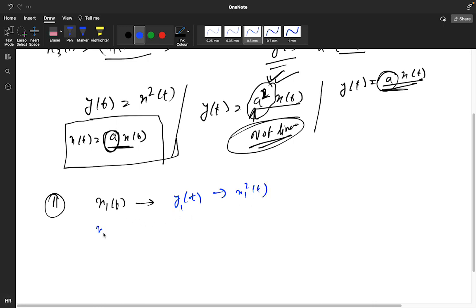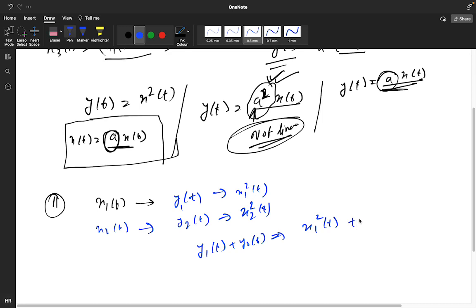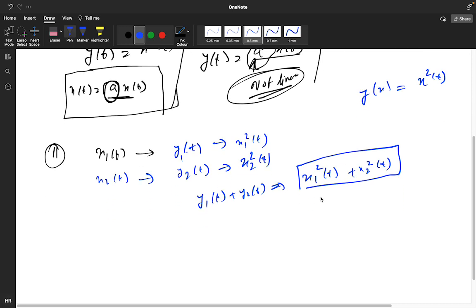Okay, and x2 of t, y2 of t belongs to x2 square of t. If you add this result, y1 of t plus y2 of t, what are you getting? x1 square of t plus x2 square of t. But what is the function? You have y of x, and you have to get the result like this, x square of t. But we are getting the additions like this.